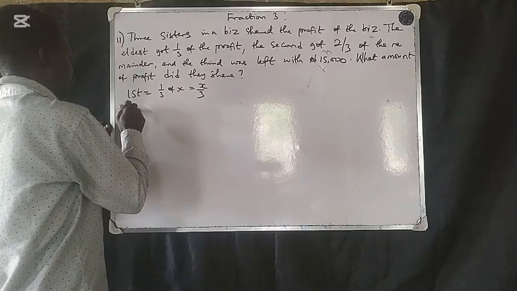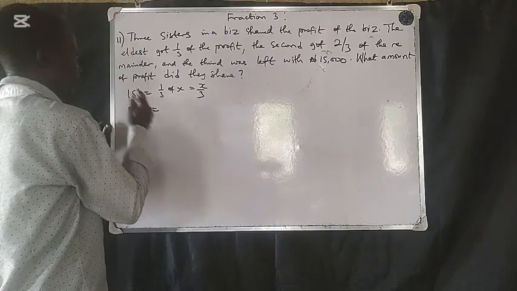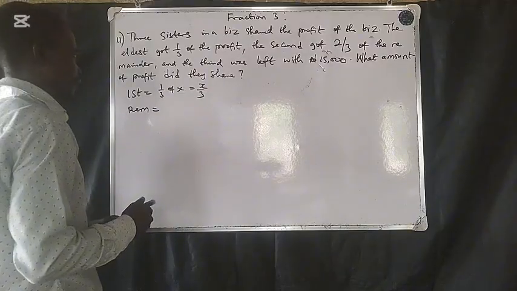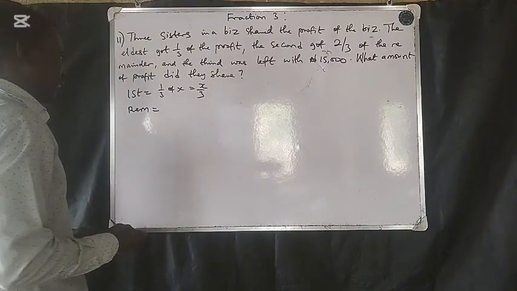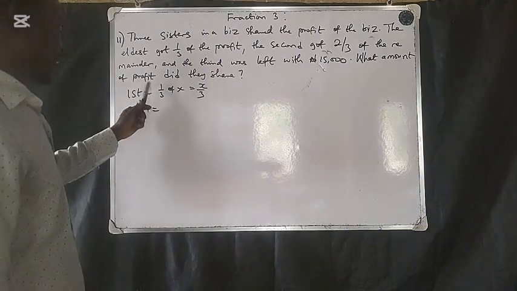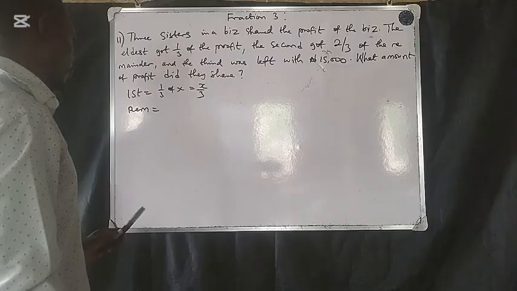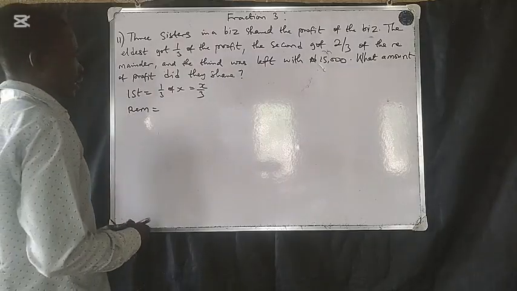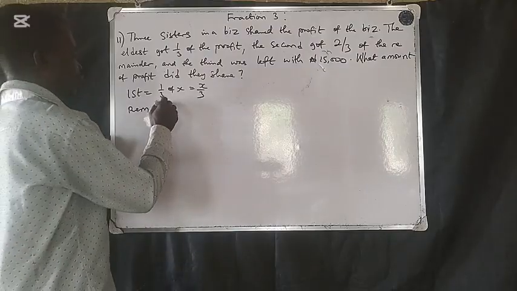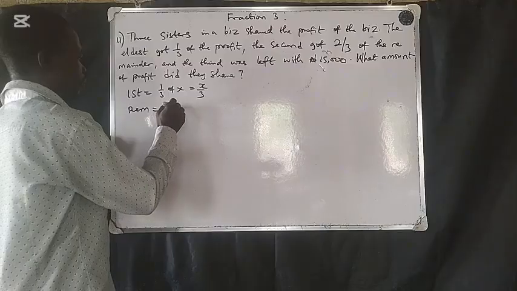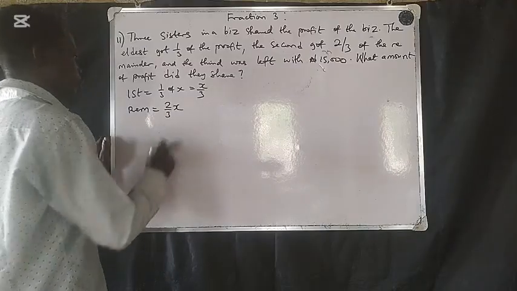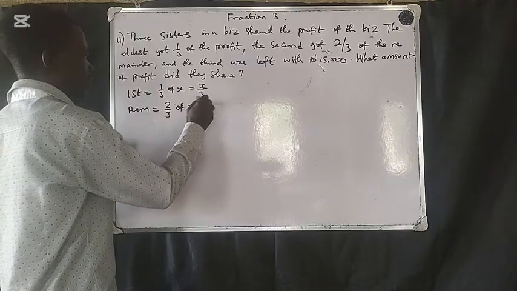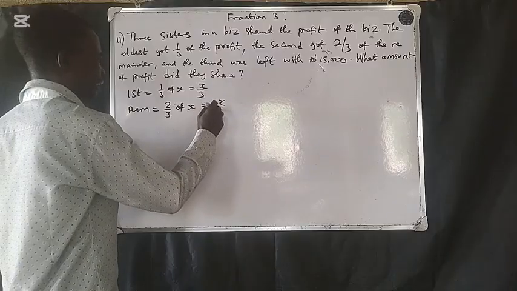We are told there is a remainder. The second person got the remainder of the first amount after the first person has taken. If the first sister removes 1/3 for her own share, then the balance out of 1/3, 1 out of 3, will be 2 out of 3 of the profit. 2 out of 3 of the profit will be 2/3 of X, which is 2X/3.